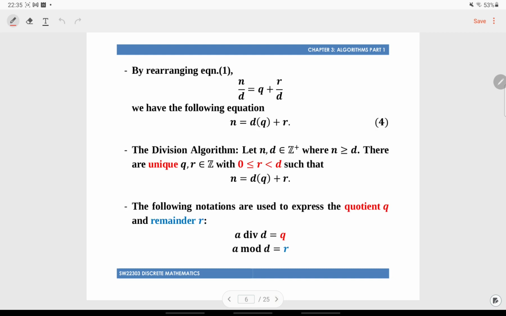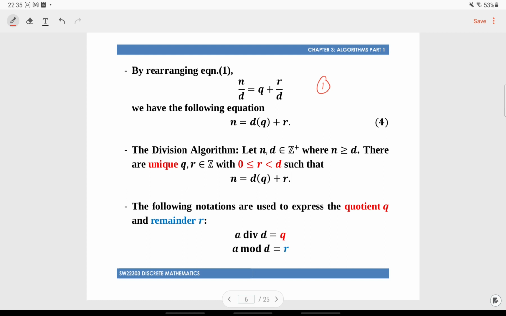Now we reconsider equation number 1 that we considered in the earlier slide. When we divide n by d, the outcome is equal to q plus r over d, where r can be equal to 0, or r can be greater than 0 but less than d. From equation number 1, we can rearrange this equation.